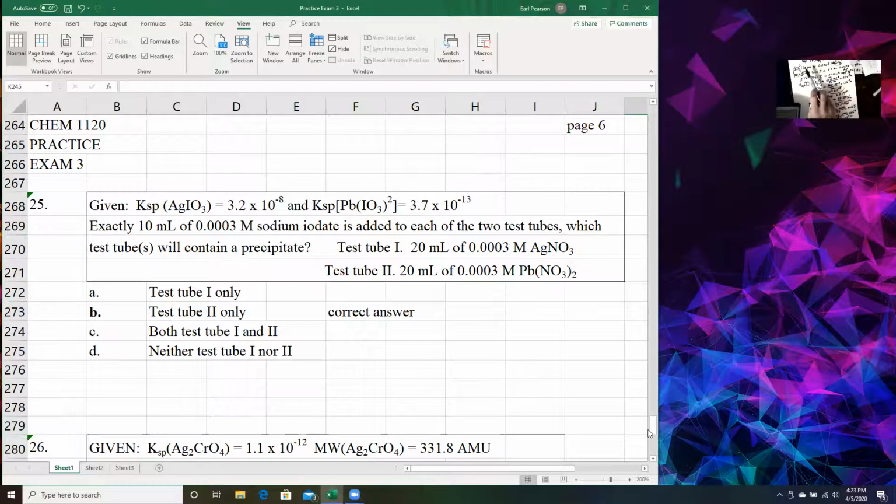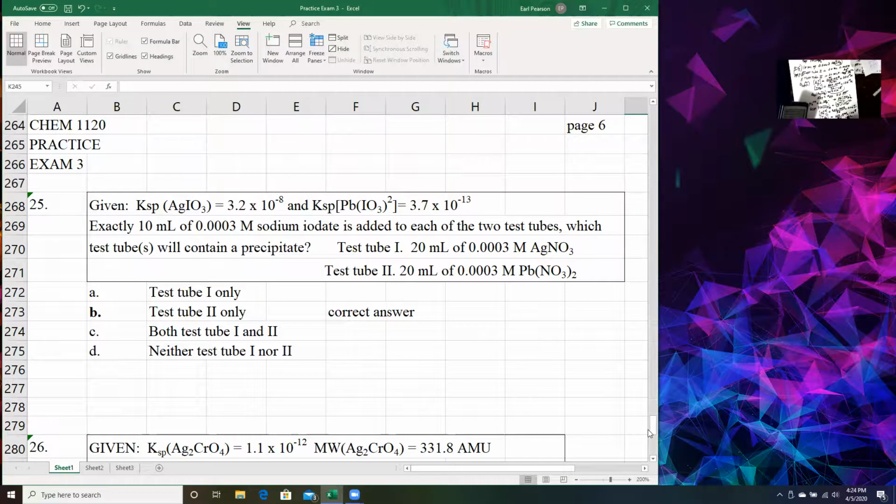The iodate is from the first one, 10 milliliters of 0.0003, 10 times 0.0003 divided by 30. So 10 times 0.0003 divided by 30 is, oh, I thought this was 10 to the negative 3. I copied it down wrong.